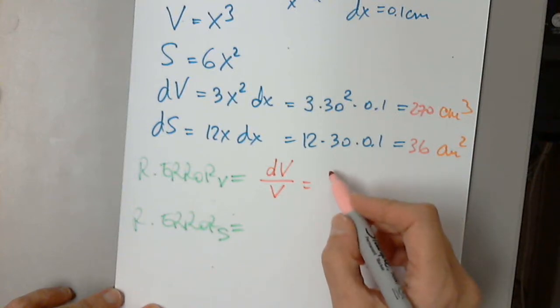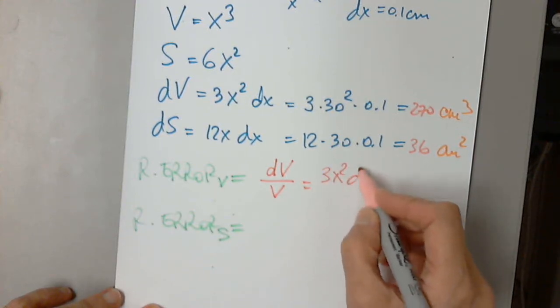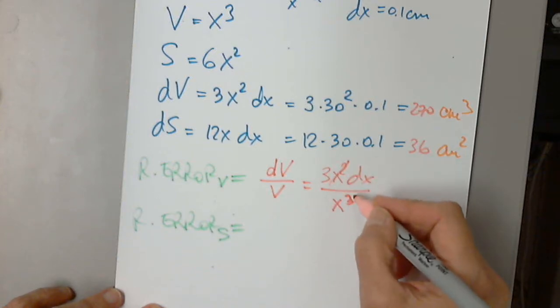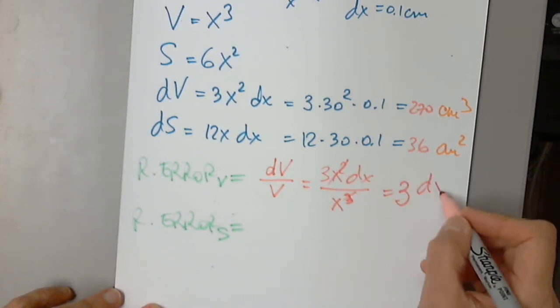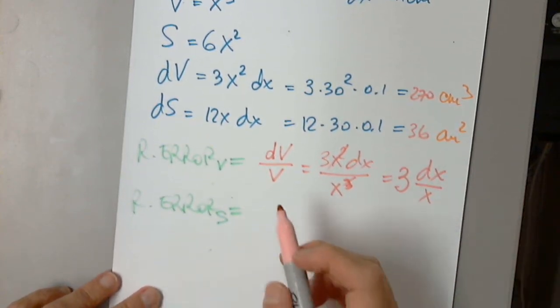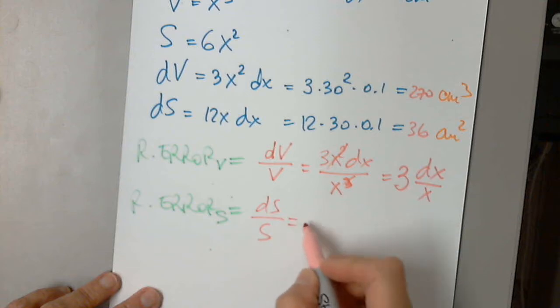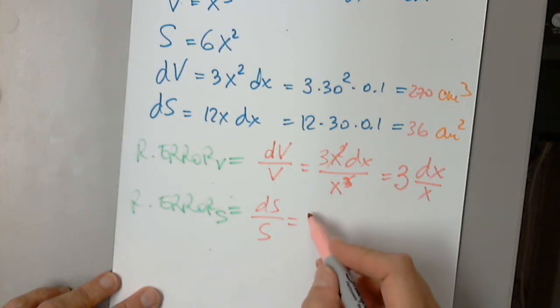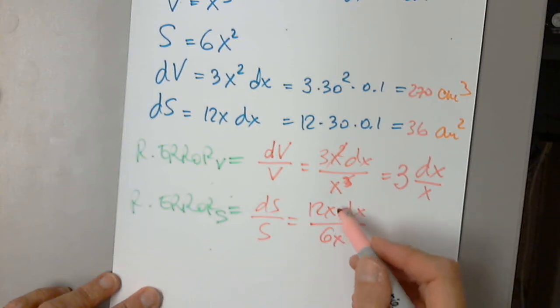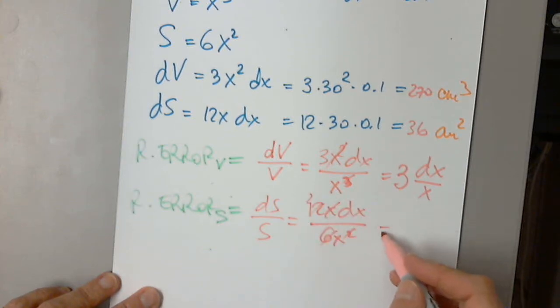So dV is 3x squared dx, and V is x cubed. Nice. 3 times the relative error of the edge, and the other one is dS over S, or 12x dx over 6x squared, which is twice.